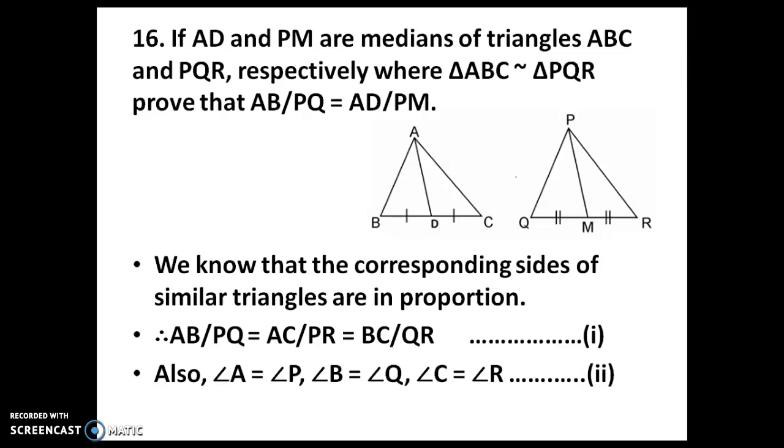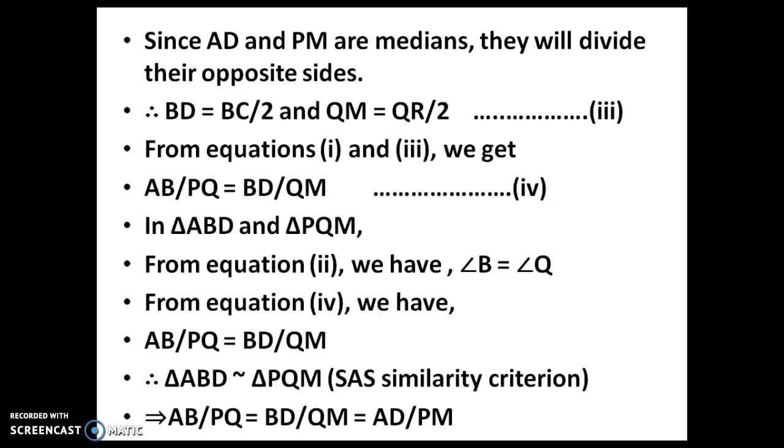We know that corresponding sides of similar triangles are proportional. It is already given that ABC is similar to PQR, so we can write the sides are proportional. Then all the angles will be equal, that is also known, for similar triangles the angles will be equal.